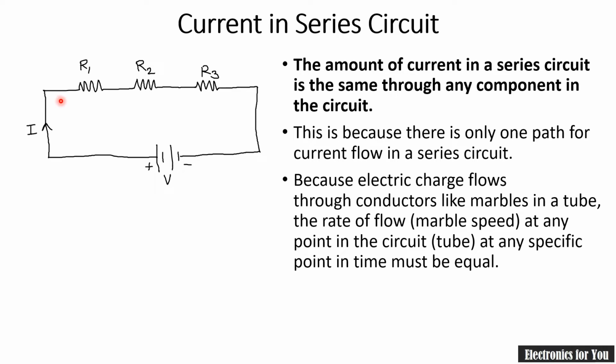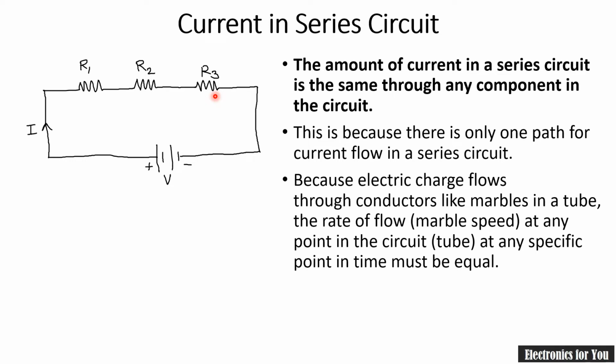If a tube is there and we have put some marbles into this, then the only path that will exist for the marbles is the tube, and therefore they will just flow through this tube. In the same way, the current will flow through this path only.